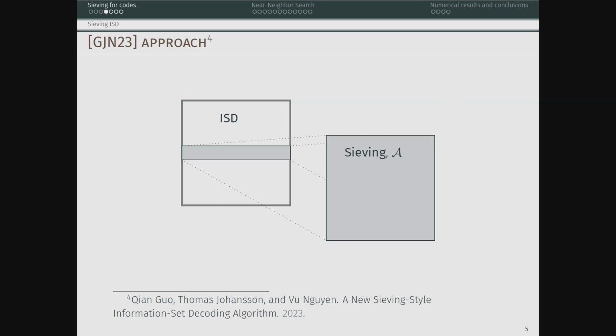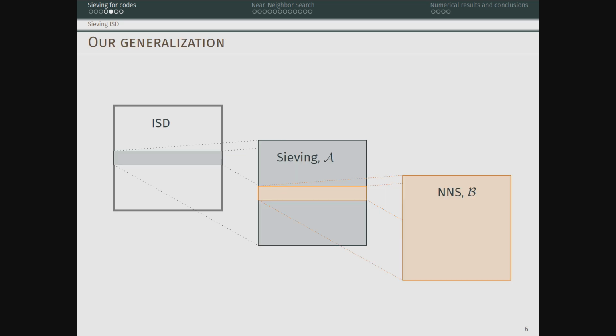The very high-level idea of this approach is to observe the ISD algorithm as a kind of black box that produces a sub-instance of this problem, and ask a sieving oracle to provide many solutions to this sub-instance. Our idea was to generalize this approach a bit more by introducing another layer, which corresponds to the near neighbor search oracle, presented in the orange box here.